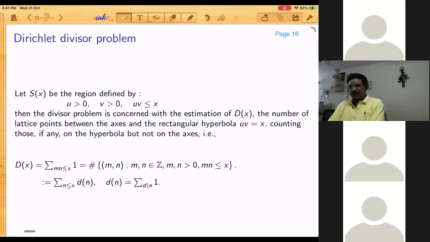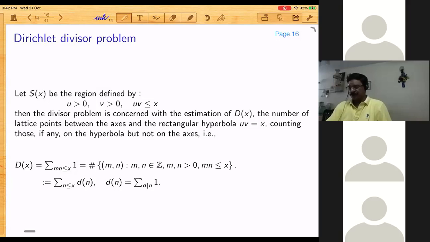We have to take bigger than 0 because we can't include the axis, because the axis have infinitely many lattice points. Therefore, the divisor problem is concerned with estimation of this D(x), the number of lattice points with the axis and the rectangular hyperbola uv equal to x, counting those, if any, on the hyperbola but not on the axis.